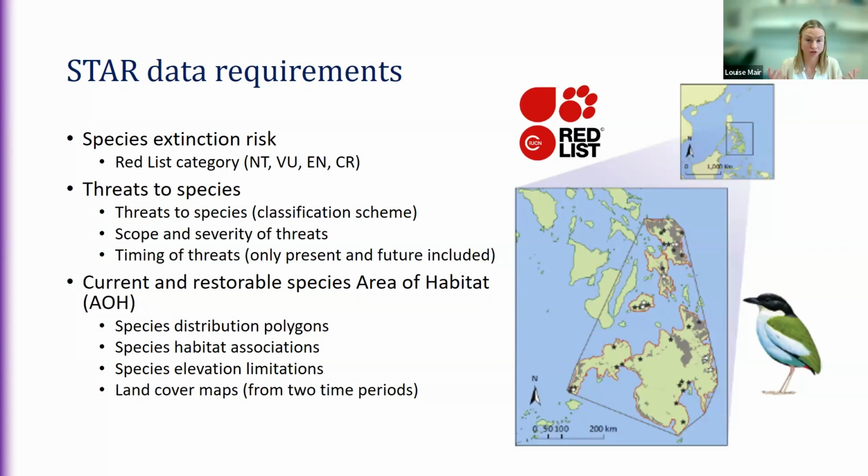So it's the potential for natural habitat restoration within the species range. To calculate both of these, we need species distribution polygons, habitat associations, and elevation limitations, all of which come from the IUCN Red List. That's part of the assessment process. And then we also need land cover maps, and you need land cover maps from multiple time periods in order to get the restorable AOH calculation.